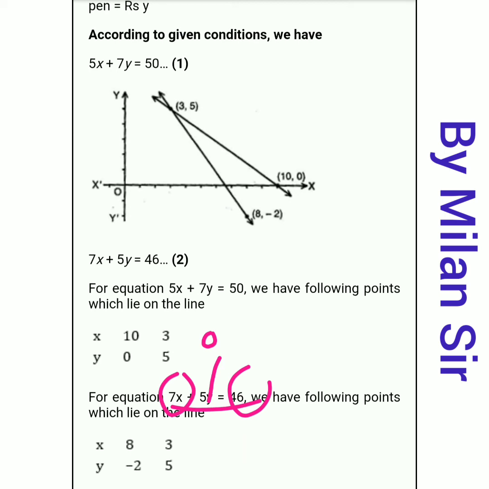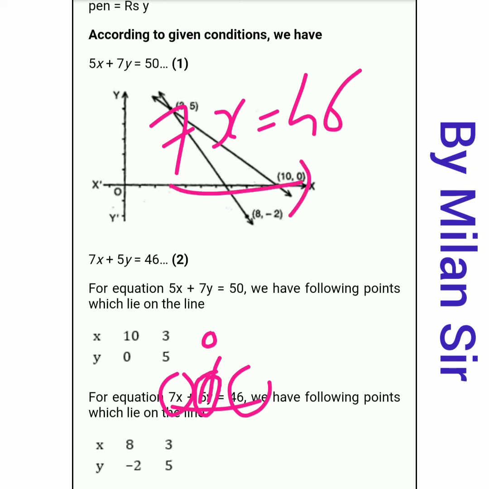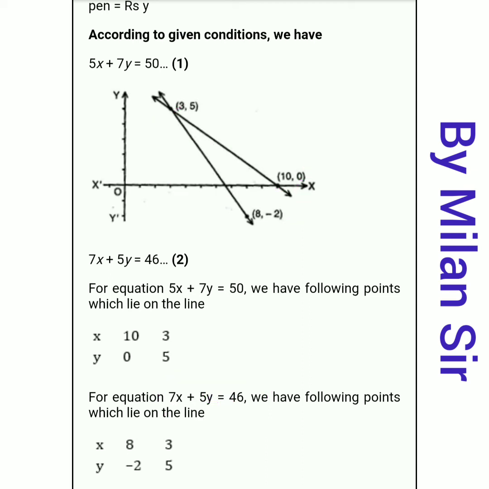If we put y is equal to 0, then we finally get 7x is equal to 46. Then we need to transfer this 7 to the denominator, then 46 divided by 7. 46 is not a multiple of 7, right? So we do not use it here.